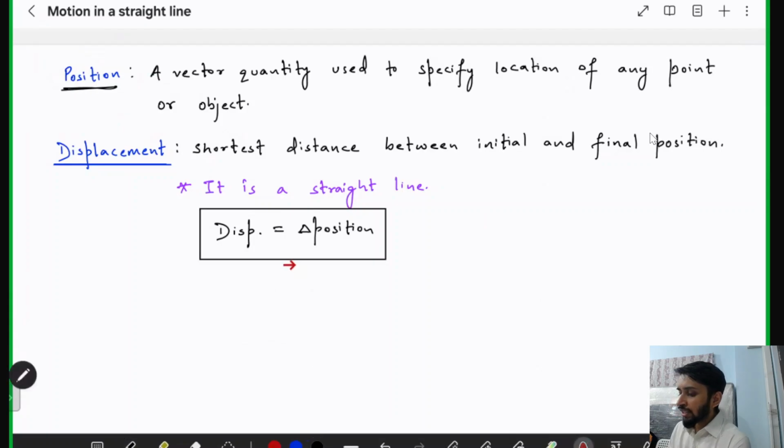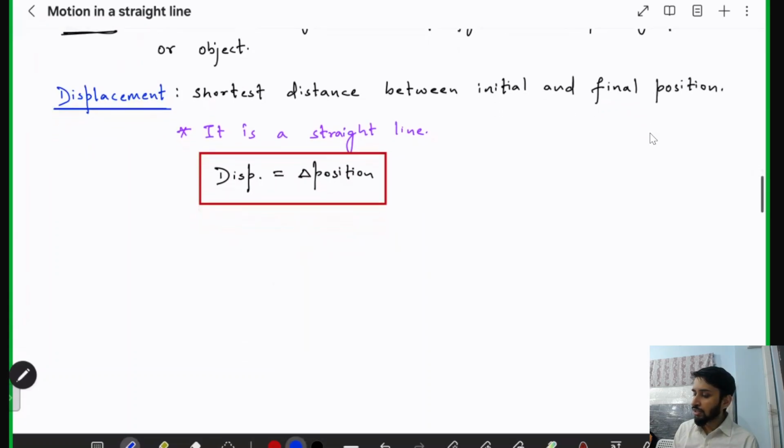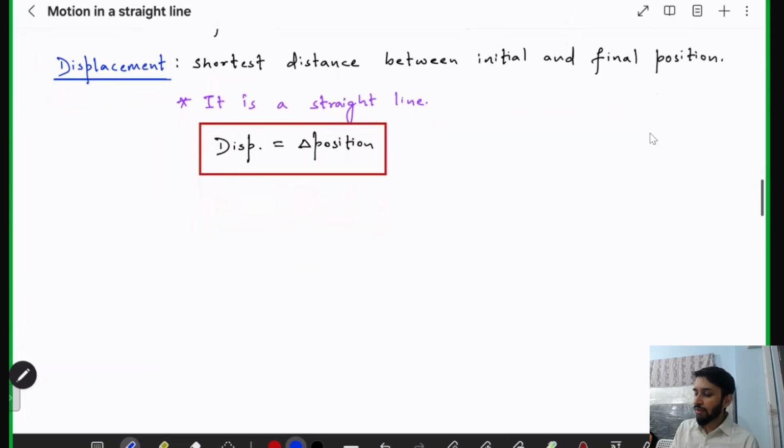Now moving on, next we have distance. Okay, let us understand what is distance, right? So distance is the length of the actual path traveled.